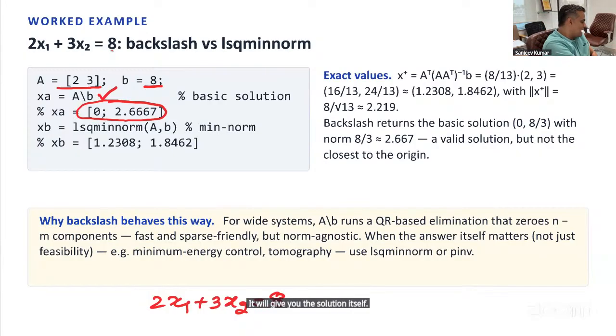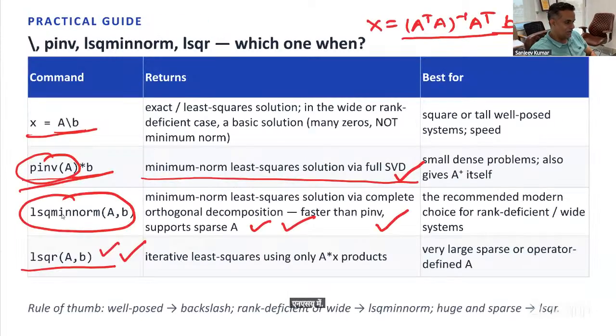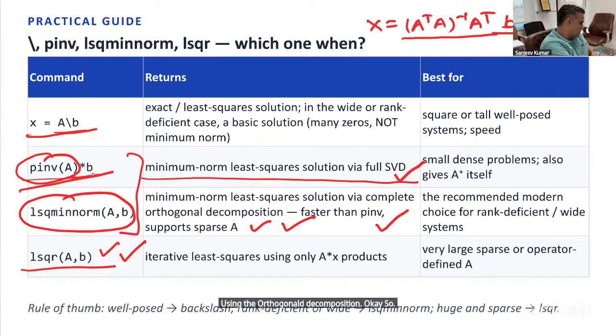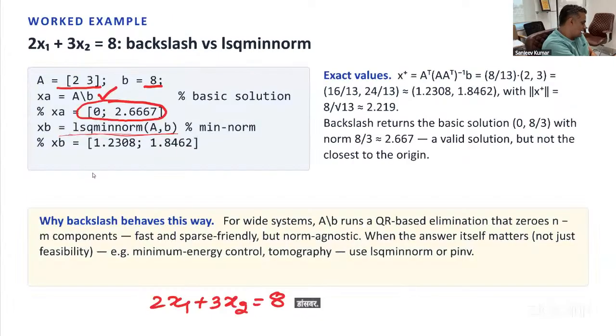The second one is lsqminnorm, using the orthogonal decomposition, or you will get the same answer with pinv of A. If you use either of these two instead of backslash, the answer comes out to be this one.